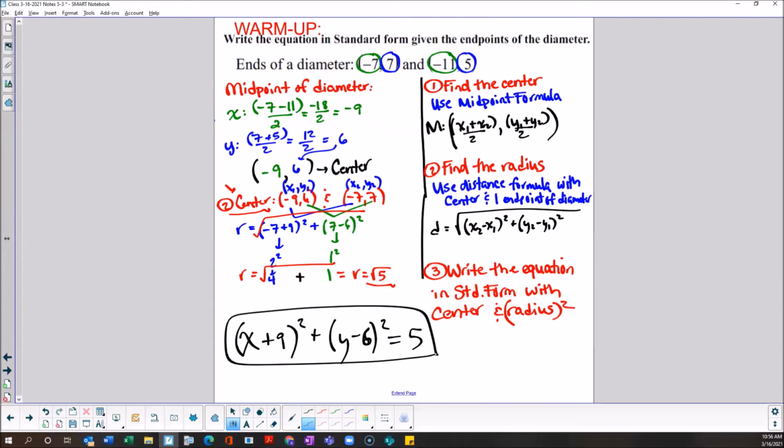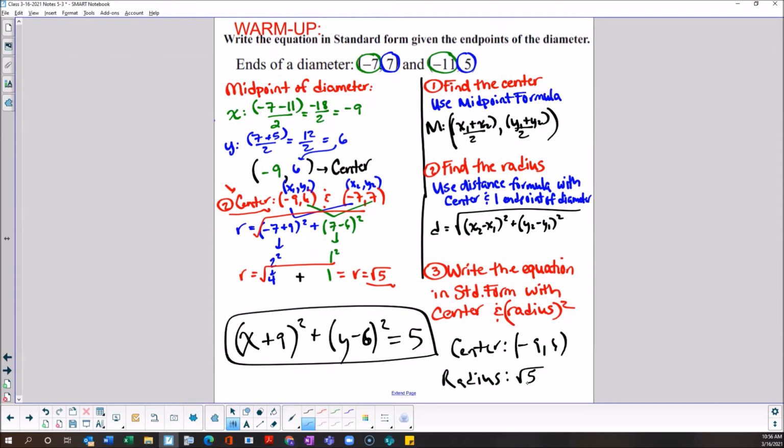If it asked me a follow-up question, it might be, list the center and the radius. If it did that, then I would list the center like we did before. It's -9, 6, and then the radius would be the square root of 5.